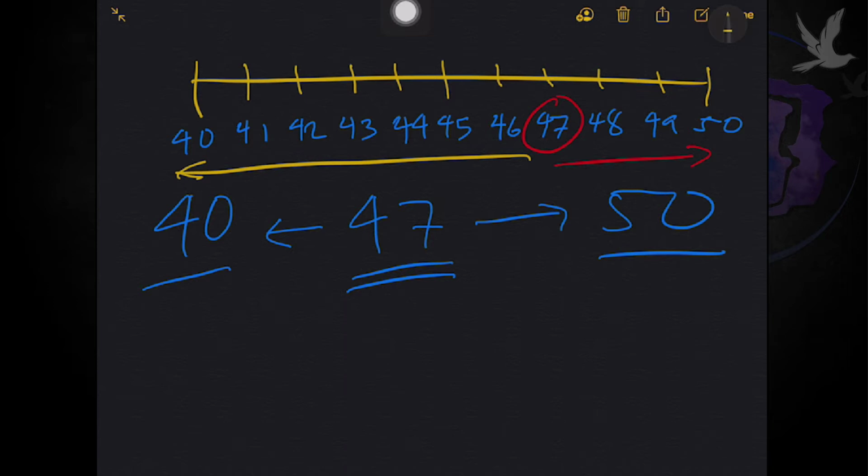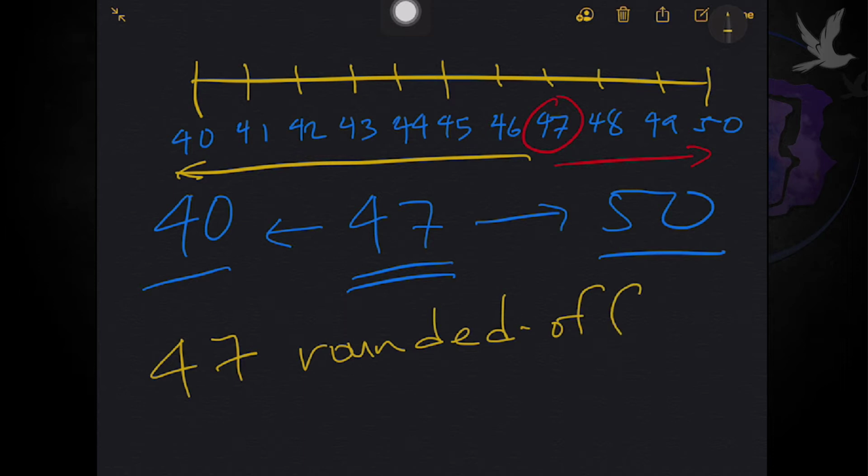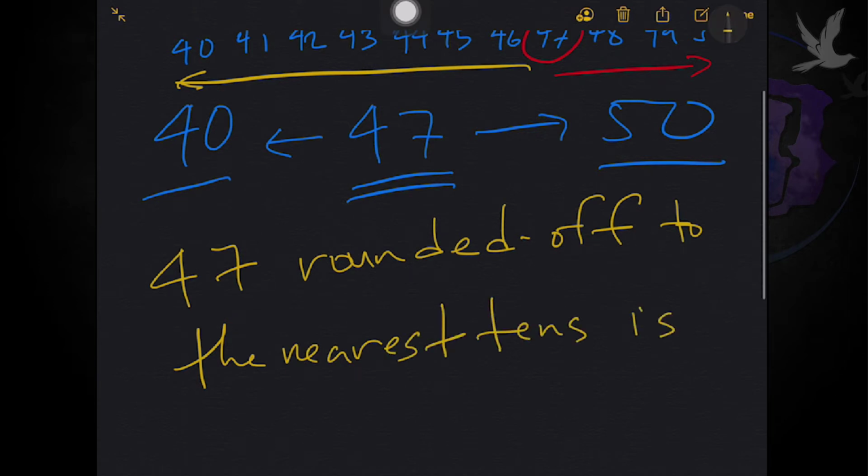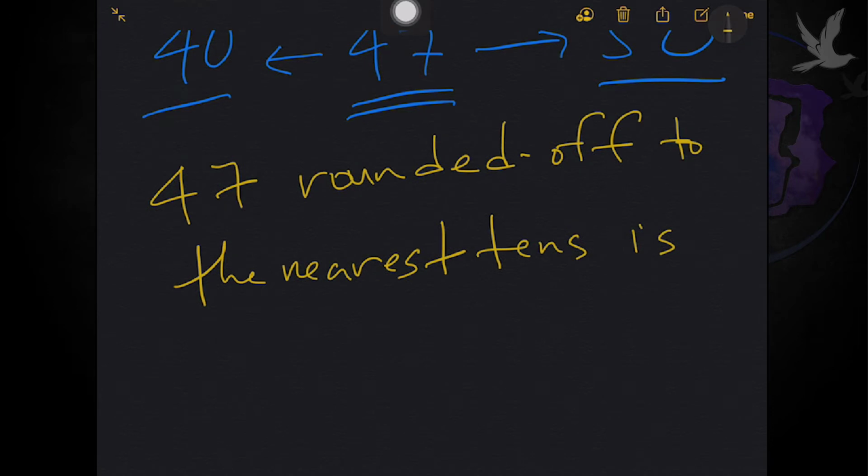But obviously, by simply looking at the given data, we can say that 47 is nearer to 50, which means we can say now that 47 rounded off to the nearest tens is 50. Okay?